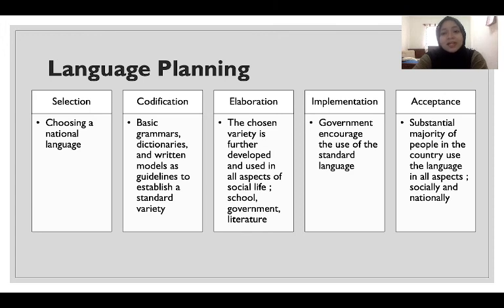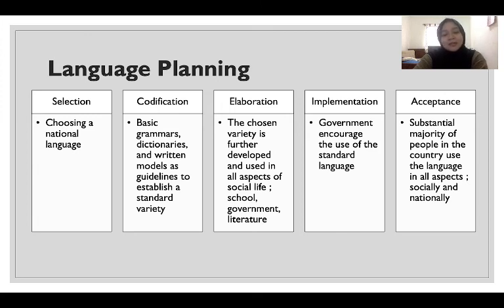So the government needs to encourage the people to use the standard language in order to select a national language. And then last but not least, the acceptance. Okay, a substantial majority of people in the country must use the language in all aspects, socially and nationally.